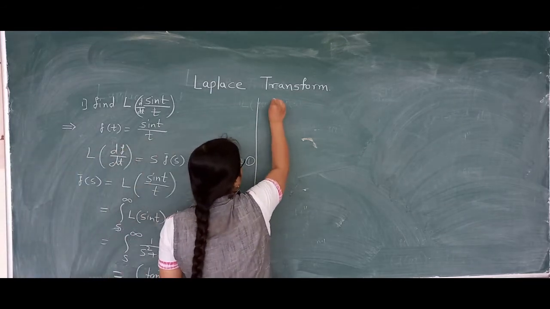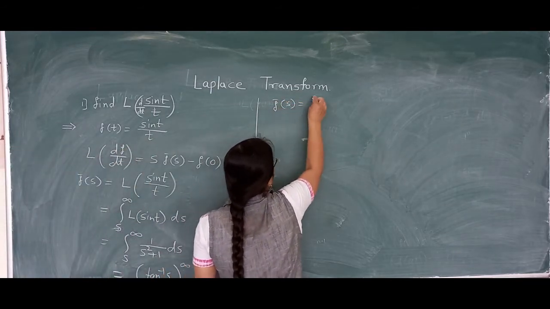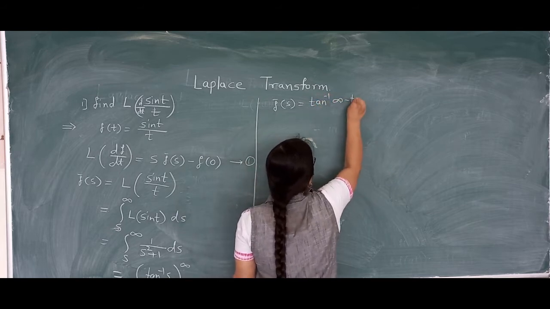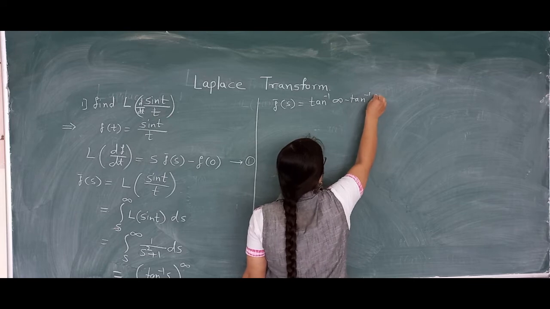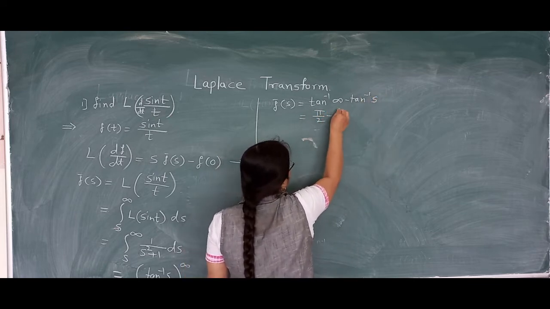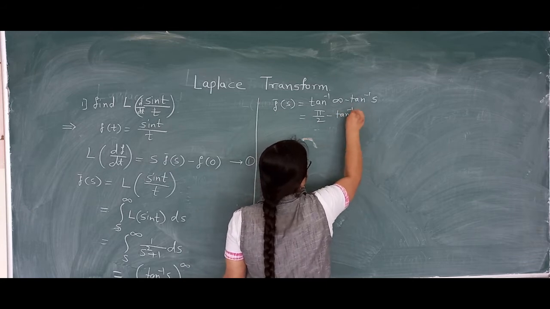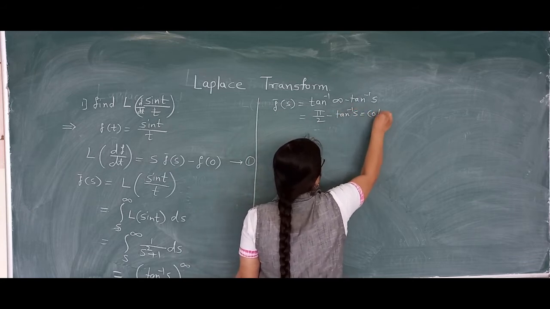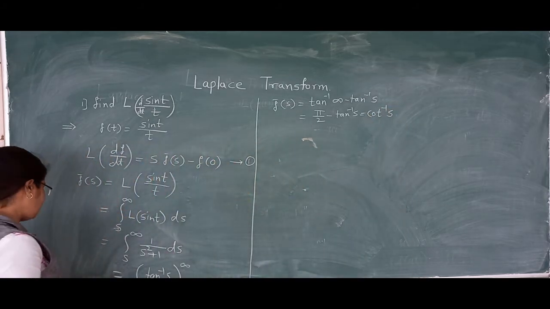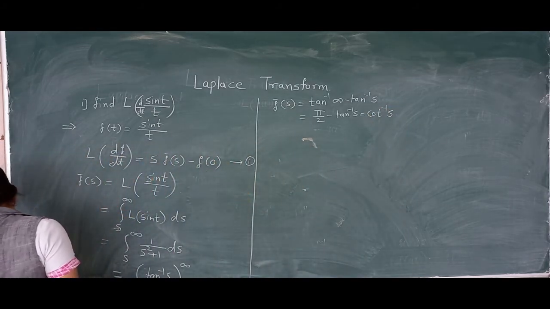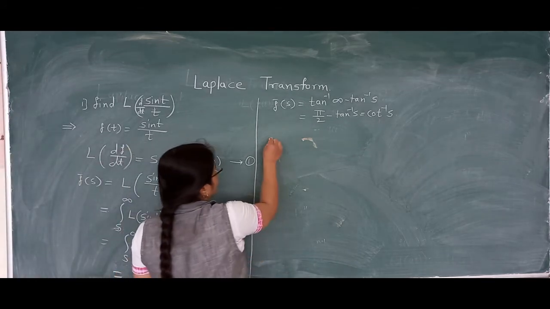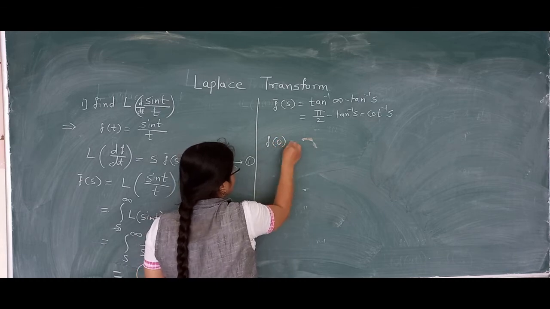Therefore f bar of s is equal to tan inverse infinity minus tan inverse s, which is pi by 2 minus tan inverse s, which is equal to cot inverse s. That is your first one. Okay. Now what is f of 0?